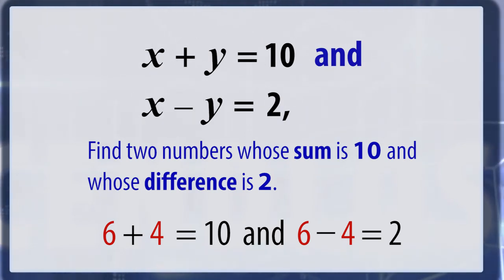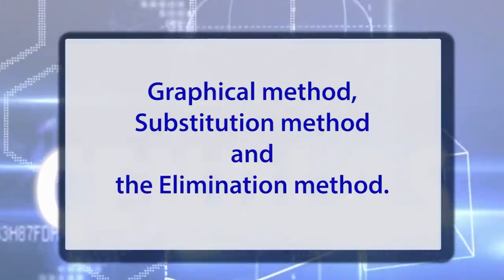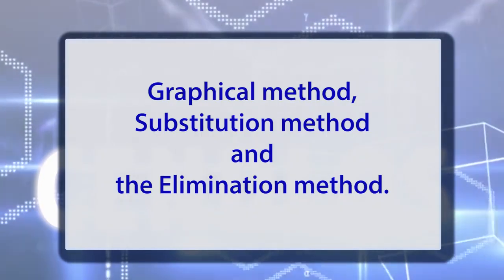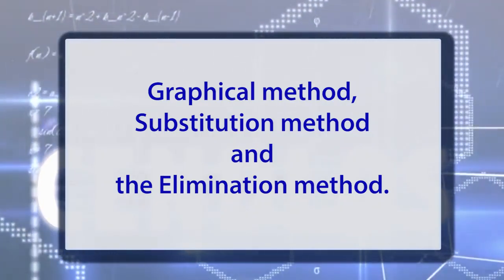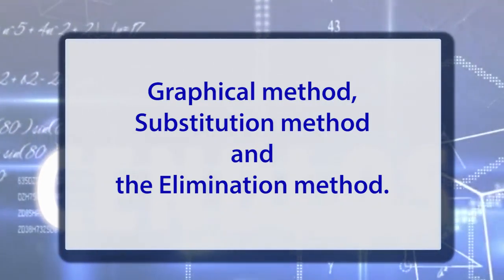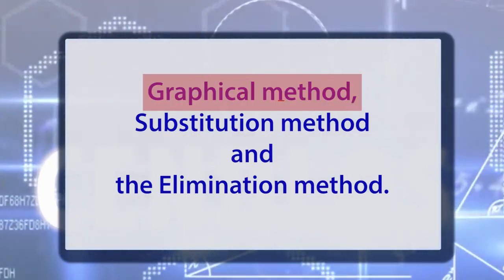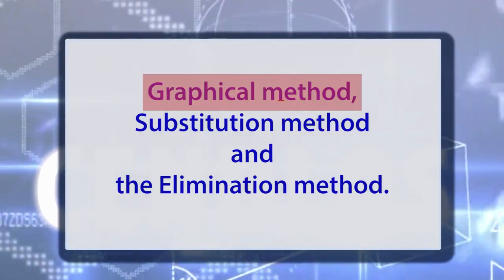That is great. We shall solve simultaneous equations by the graphical method, substitution method, and the elimination method. But today we shall pay more attention to the first part, that is, solving simultaneous equations by using graphs.